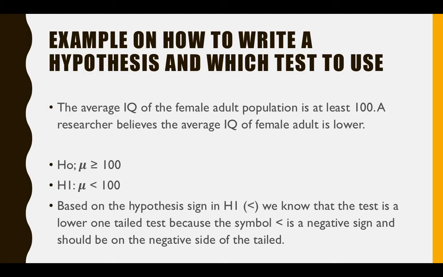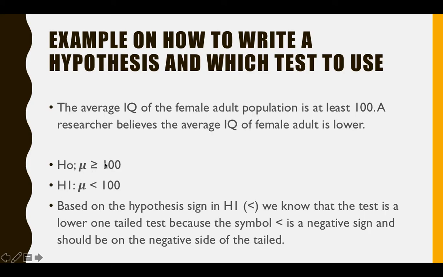Okay, we end our lesson for today by looking at an example on how to write a hypothesis and which test you should use based on the hypothesis. Okay, let's say you have a statement, the average IQ of the female adult population is at least 100.